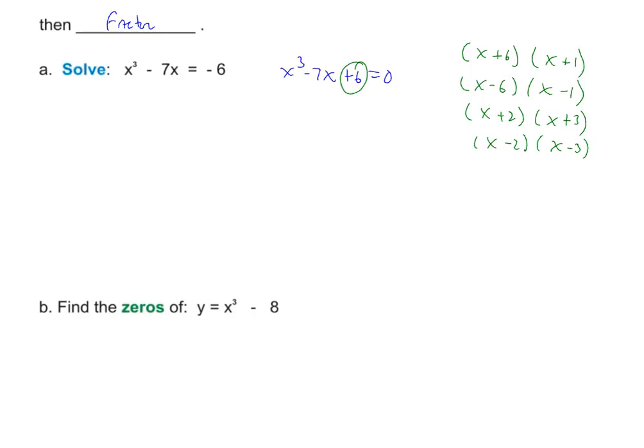There are 8 possible factors with the 1 in front of the x cubed and the 6. Okay, so again, you got to do the remainder theorem to figure out which one of the 8 works.